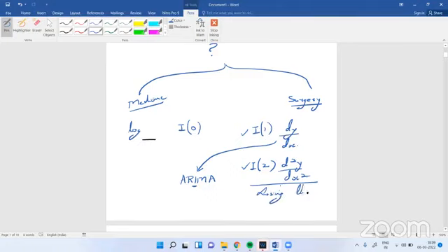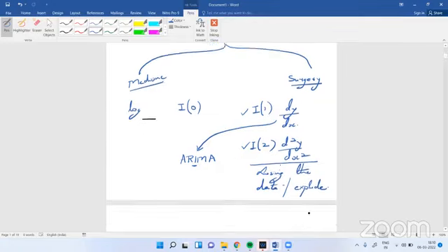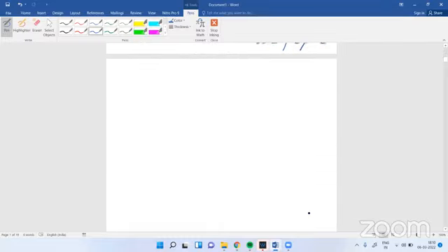We are losing heavy information every time. And it may happen that at one of the surgeries, the series may explode. It may happen. Is it clear?